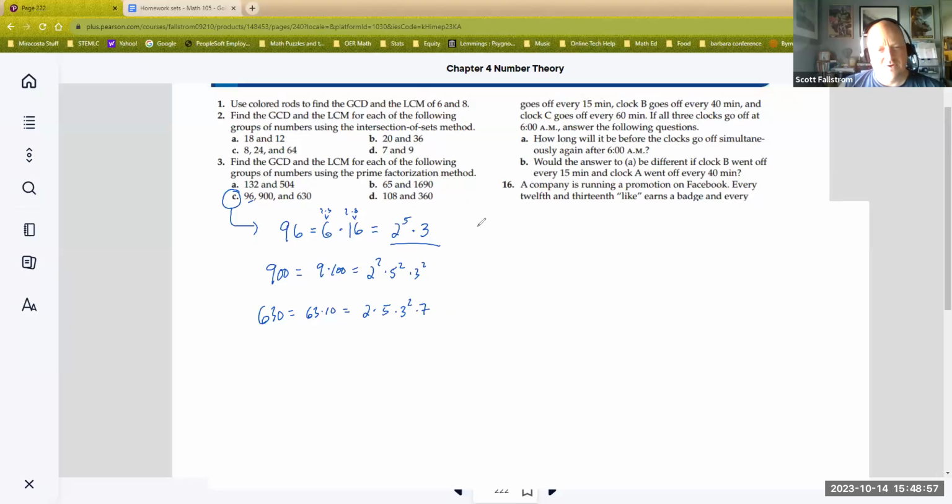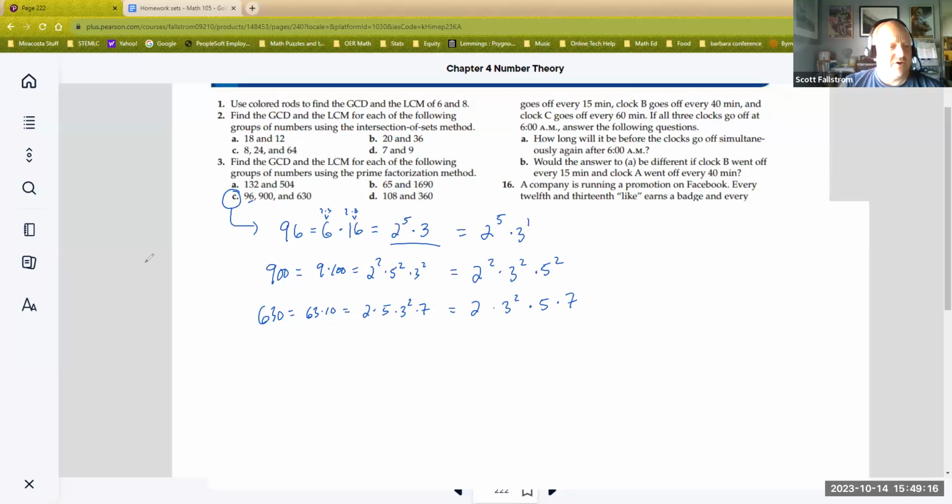Now, all I'm going to do is rewrite these so that they are in ascending order. Times 3 to the 1st. The next one is 2 squared, 3 squared, 5 squared. And the last one is 2 times 3 squared times 5 times 7.